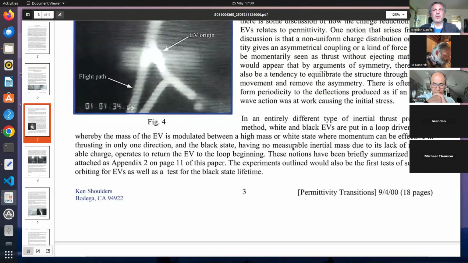An entirely different type of inertial thrust producing method, and this part is really interesting.